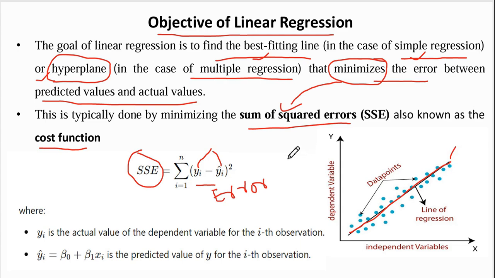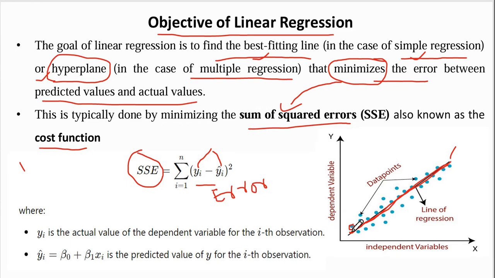So, focusing on minimizing the error, we are trying to find this best line. For example, these are the points of the data set, and we are finding this best line. To find the error of this line, we need to find the difference between the actual value and the predicted value.